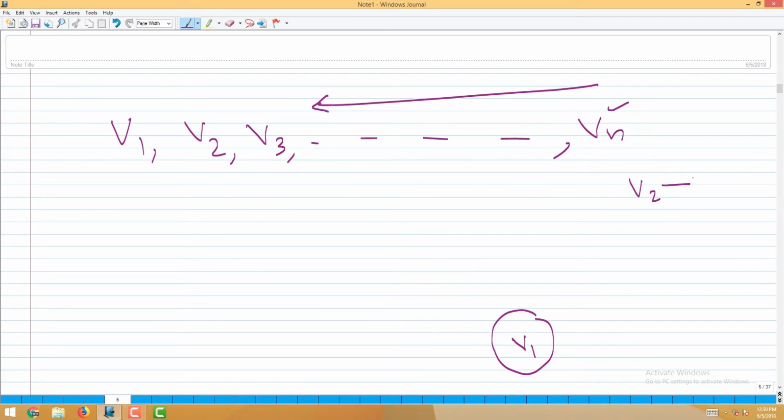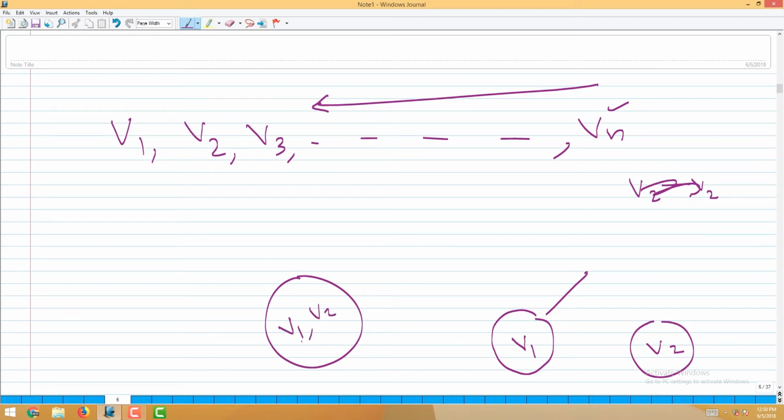If V2 is separate, we can put it separate, but if V2 is adjacent to something, if you look at the neighbors, if V2 is adjacent to V1, then we will put V1 and V2 in the same bag.